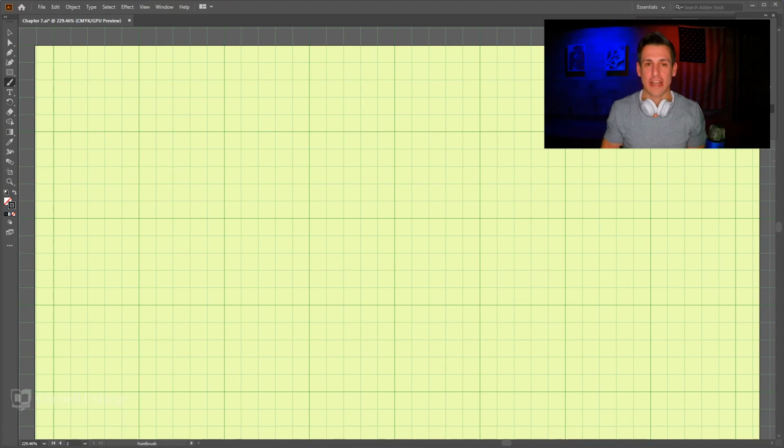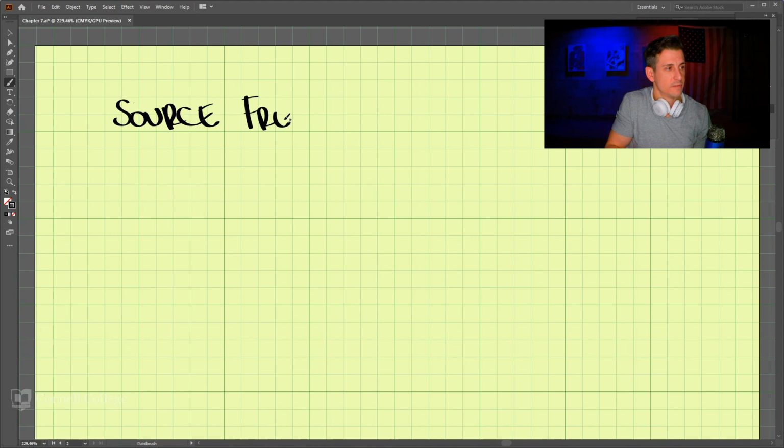We will first look at the source-free RC circuit. So let's take a look. The source-free RC circuit.